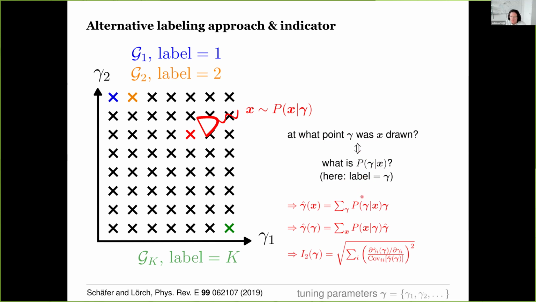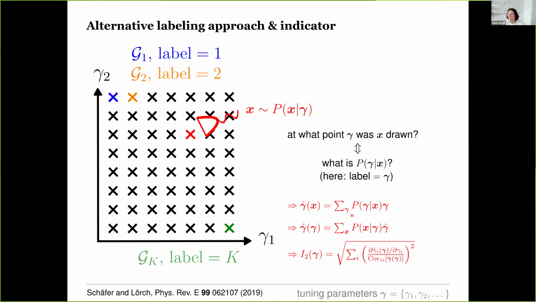So in this case, what we do is we first compute an estimator for gamma, so gamma hat, as a function given a sample X. And this is obtained by averaging gamma, or by weighting each gamma by the probability of X being drawn at that point.